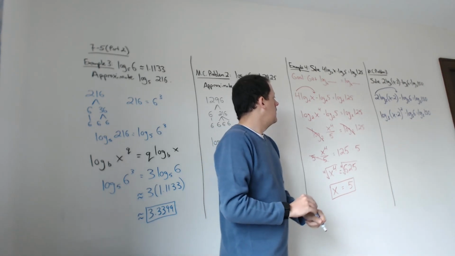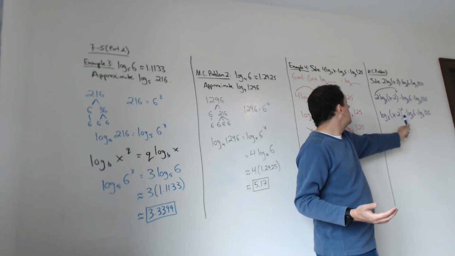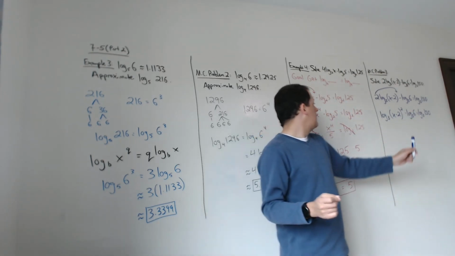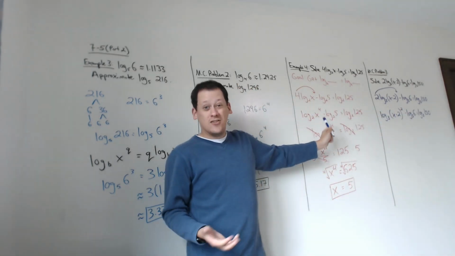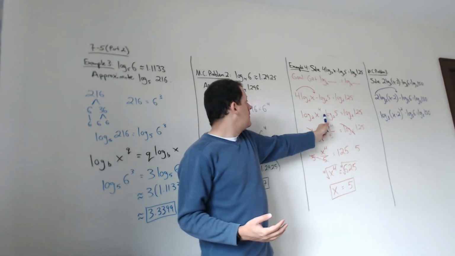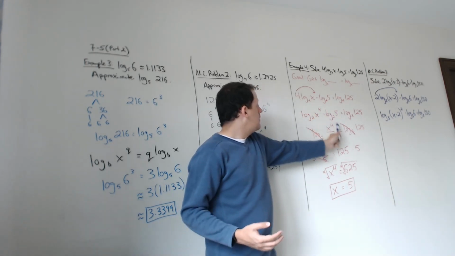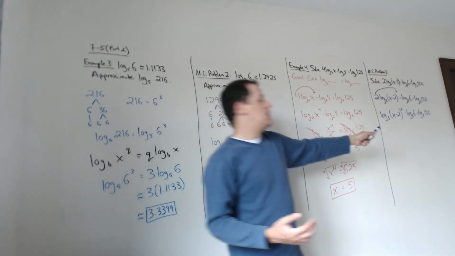So you'll notice here, we've still got 2 logs on this side, and they are subtracted. So the way we're going to deal with that, again, is going to look really similar to this one here. If we have the log of something minus the log of something else, we can write that this way. So we're going to do the same thing over here.